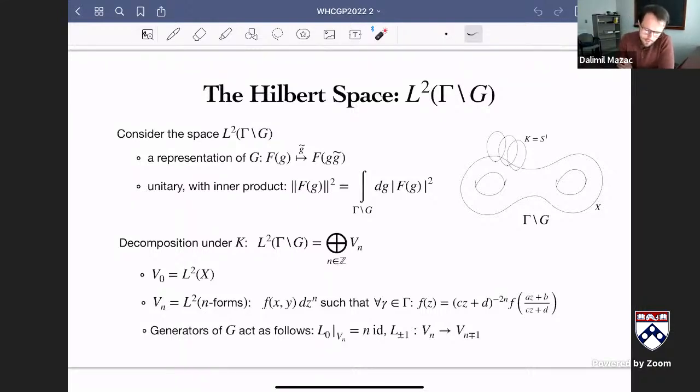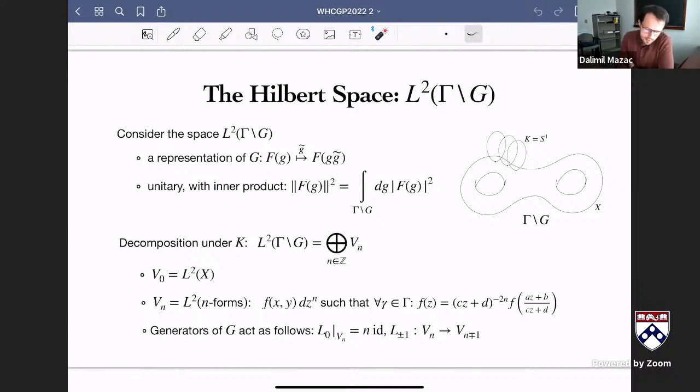When we consider the space of L2 functions on this 3-dimensional space, it's a representation of G because we can act by right multiplication on these functions. And it's a unitary representation because the inner product can be taken like that, and this is a Haar measure, so it's G invariant.